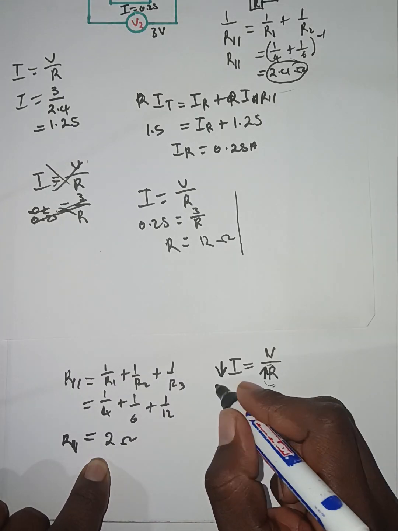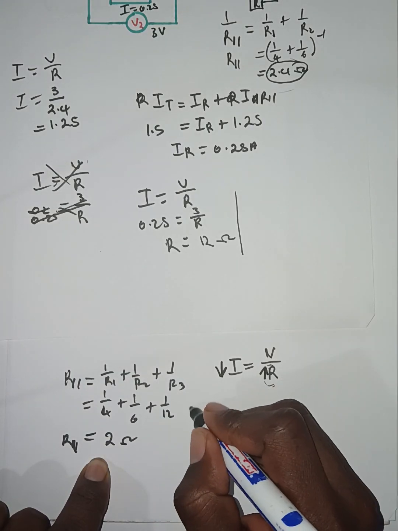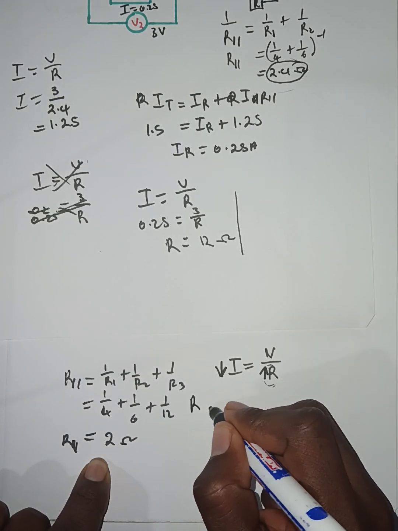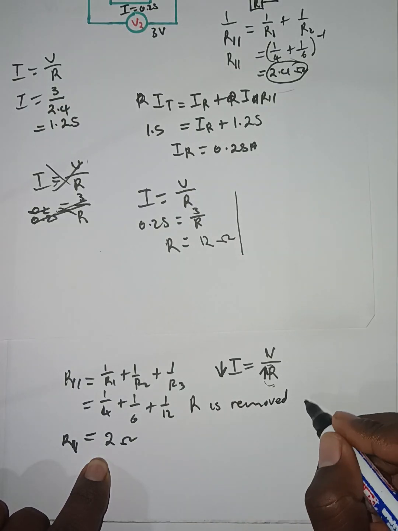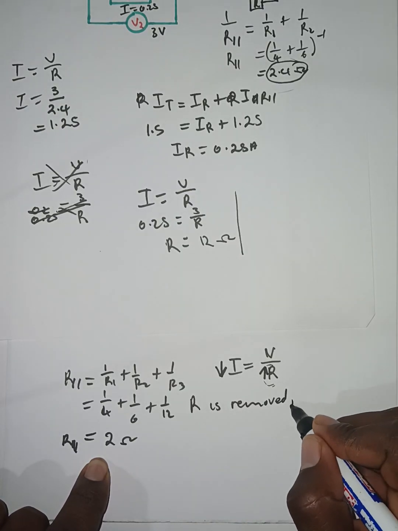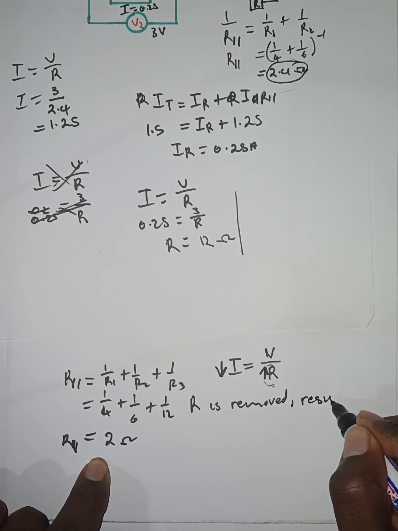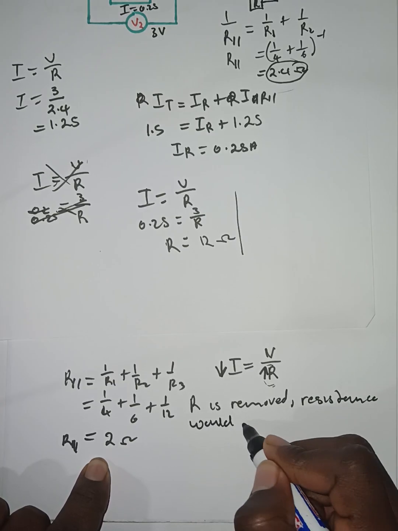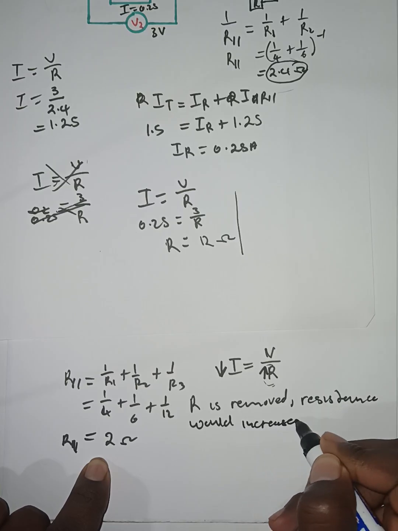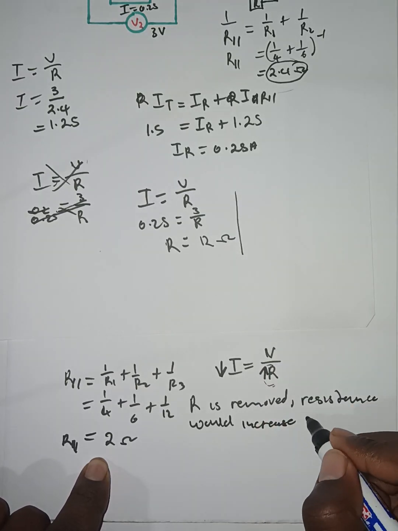So if R is removed, my resistance would increase across those R parallel.